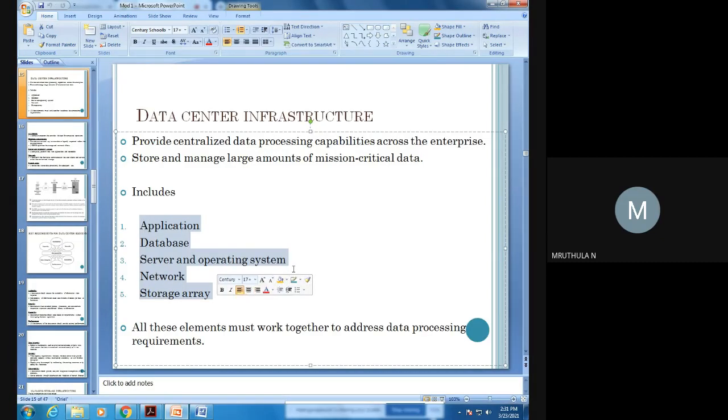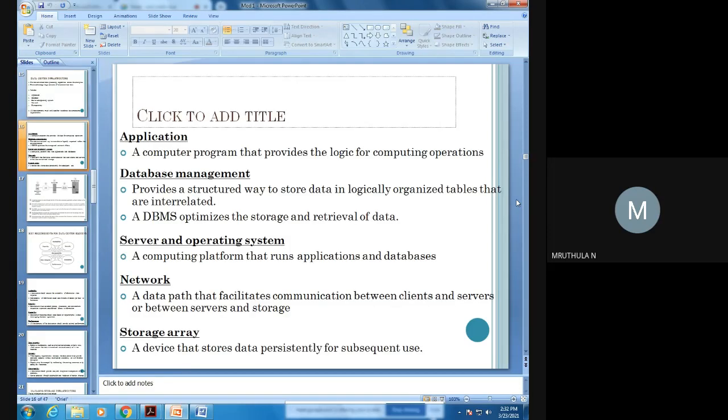Five core elements of a data center. The first one is application, a computer program that provides the logic for computing operations. Then the second core element, database management system.